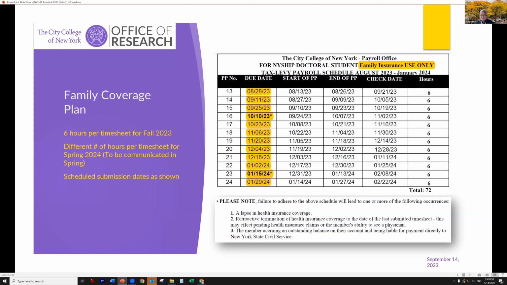So HR has painstakingly figured out the right amount of hours per pay period in order for the deductions to take place. So if we faculty members go and change these numbers, it messes up everything. So that's the reason these tables are provided.